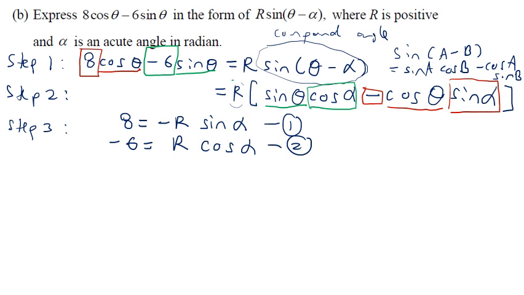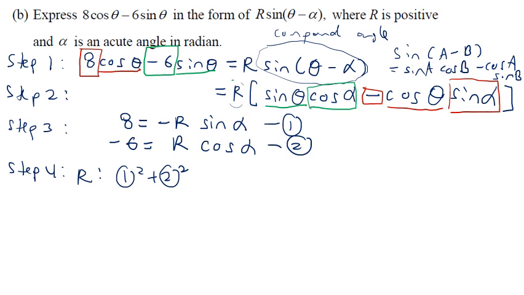So after we obtain this equation, we will use these two equations in order to find the value of r and also the angle alpha. So firstly, we find r. So to find r, we have to square the first equation and plus with the square of the second equation.